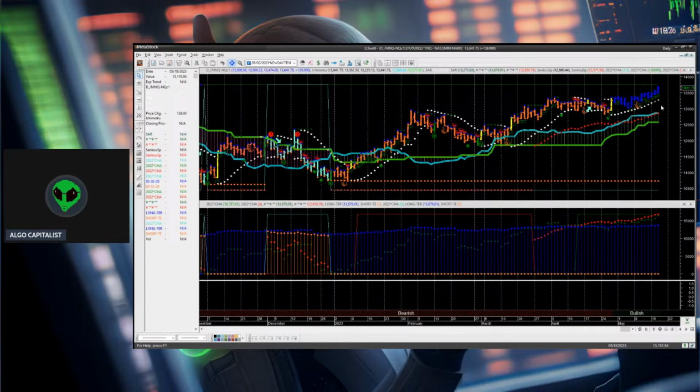And then that could get you down to this 13,000 level, we'll call it 13,000-ish, to test the top of the Kumo cloud support. And I think that level will be a very strong support level. So I don't think you have a lot to be concerned about at this level.